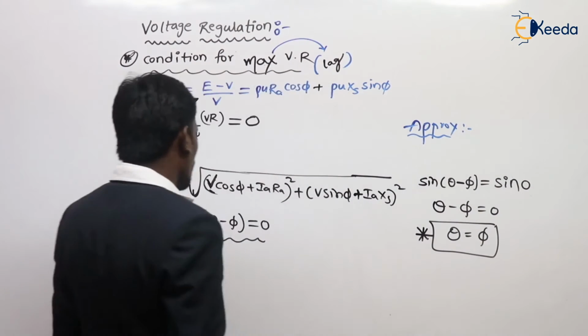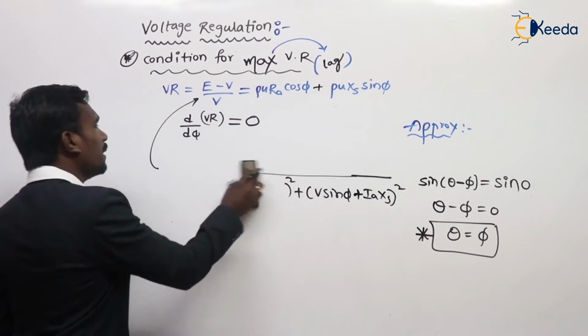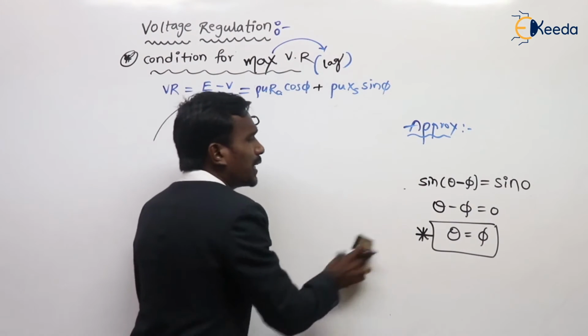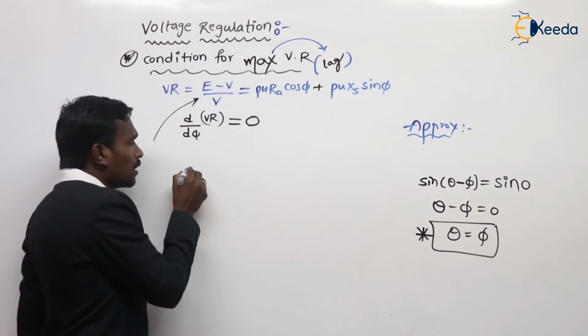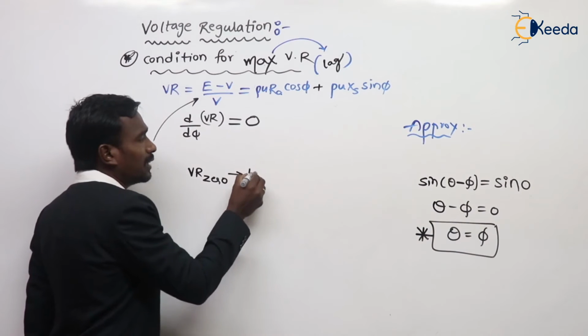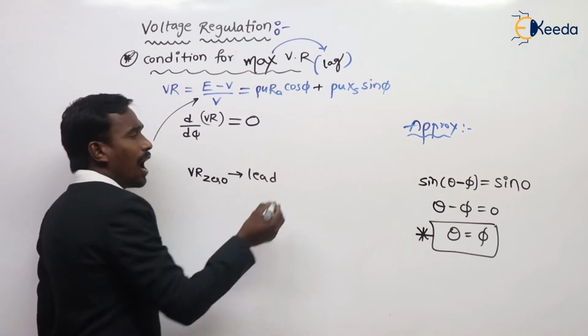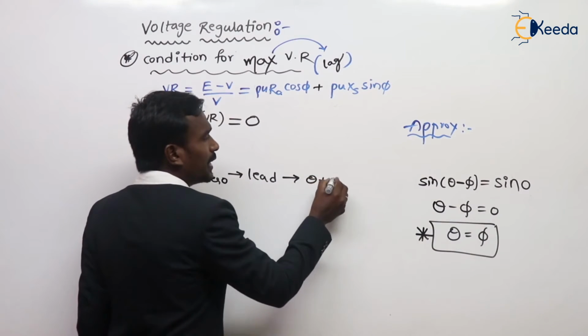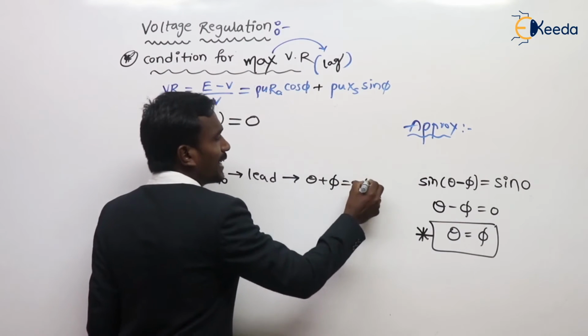Up to now, what are the key points you learned in this video? One, the zero voltage regulation occurs in leading load, and the condition is theta plus phi is equal to 90 degrees.